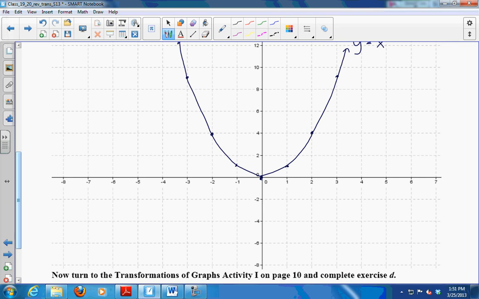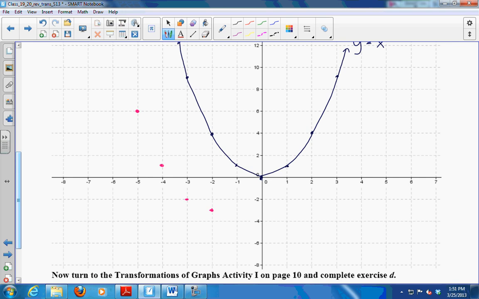Left 2, down 3. And then this one would go left 2, down 3. This one at -2, 4 would go left 2, down 3, lands there. And then I have negative 3, 9 to go left 2, down 3, lands me there. And then I can do the same thing for the other key points over here.